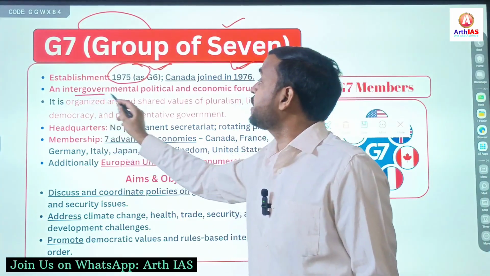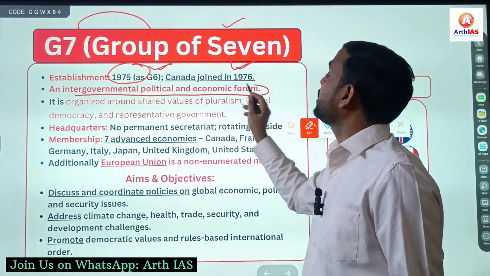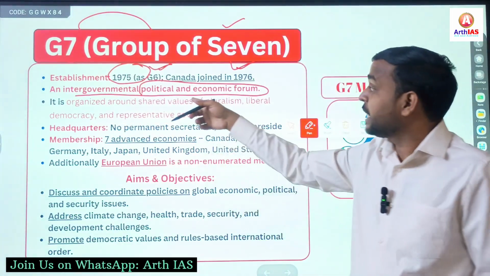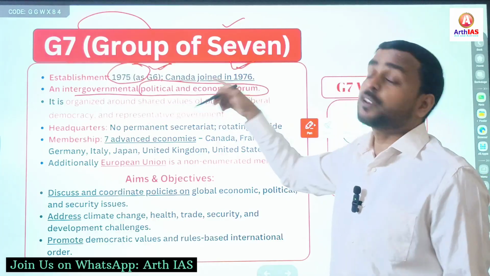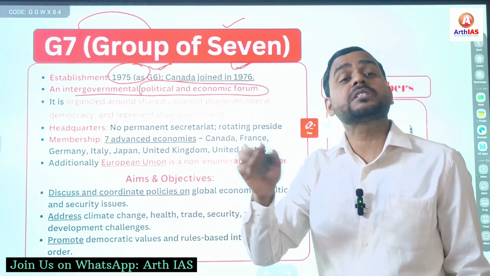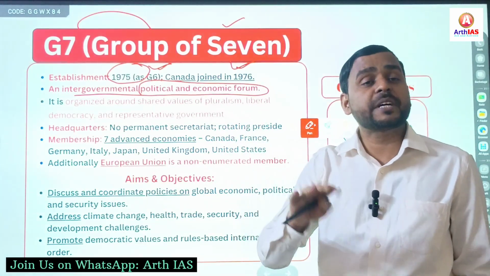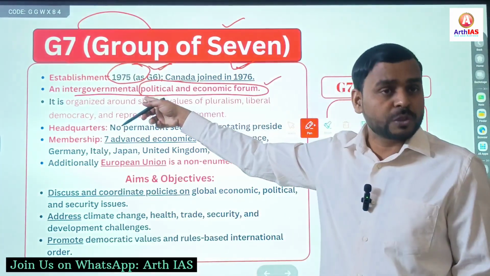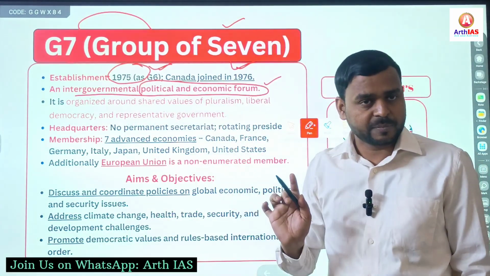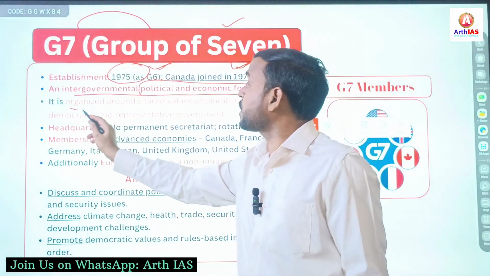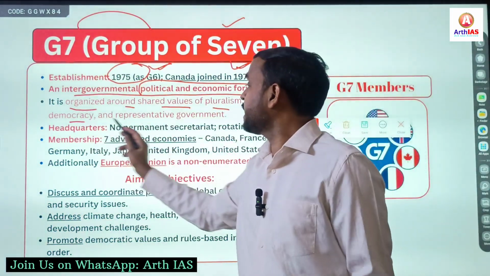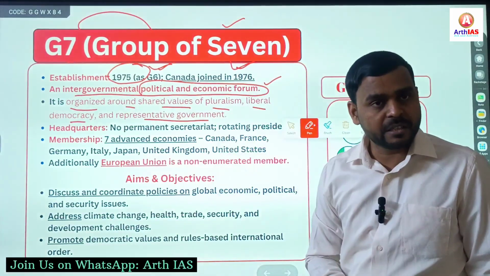Now, what is it? It is an intergovernmental political and economic forum. So, unlike I2U2, it is both a political and economic forum. The main focus of I2U2 is the economic area, but G7 includes both political as well as economic aspects. Next, it is organized around shared values of pluralism, liberal democracy, and representative government.